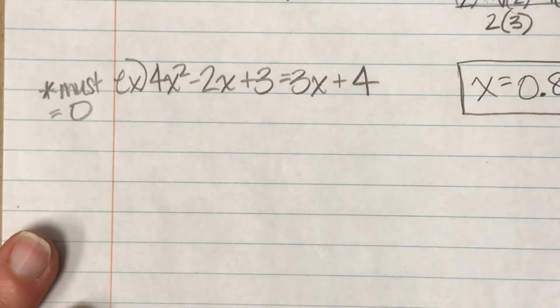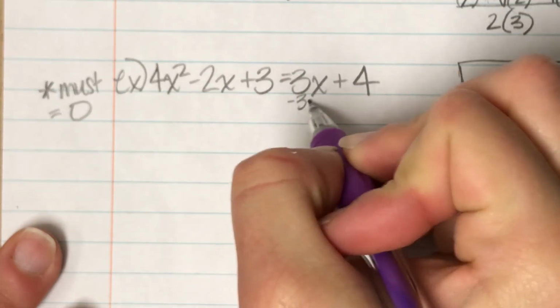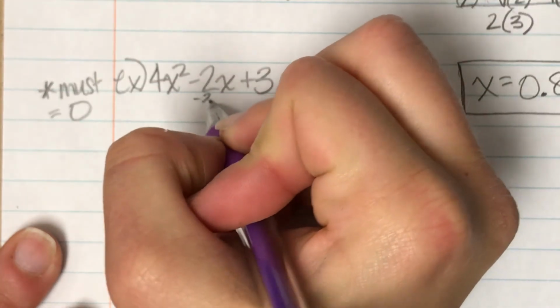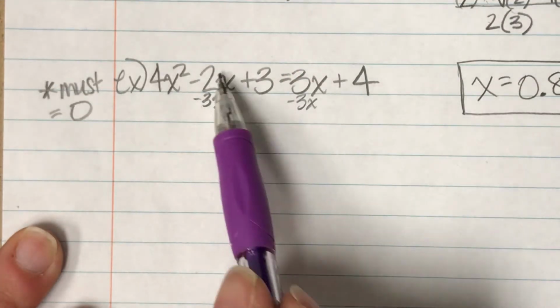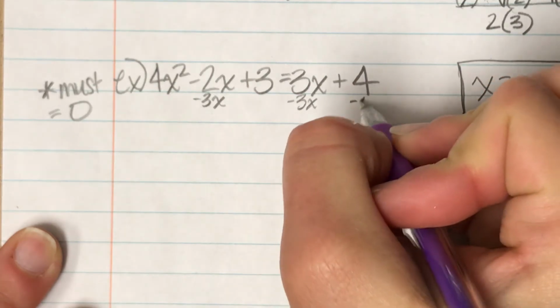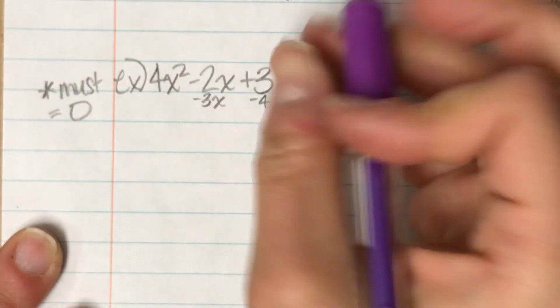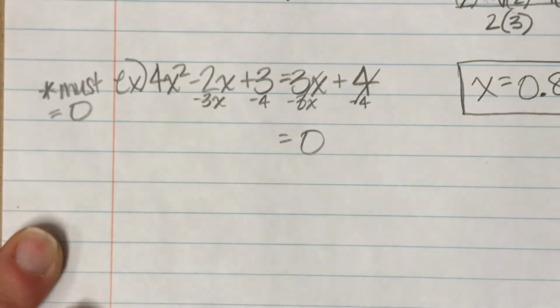That's a very classic situation in quadratics. You want the entire quadratic on one side. Well, we've done this before. I'm just going to subtract that 3x and line it up with its like term. And I can subtract the 4 too and line it up. That way those cancel out and I end up with equals 0.